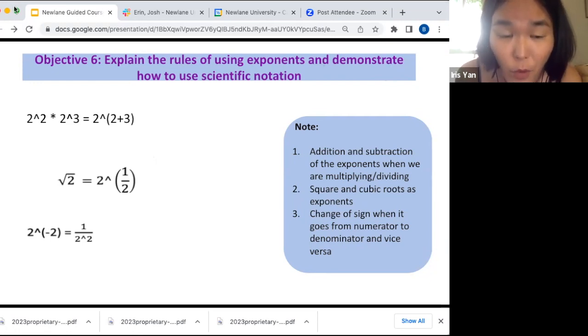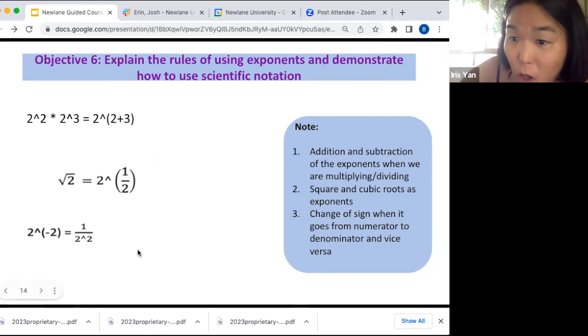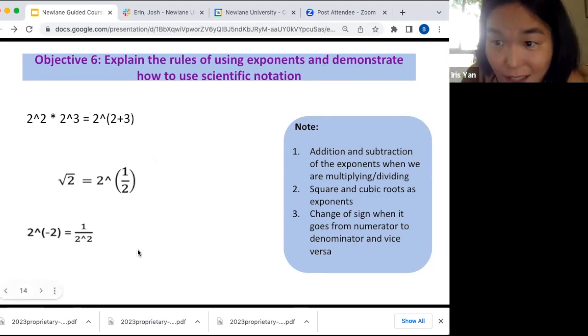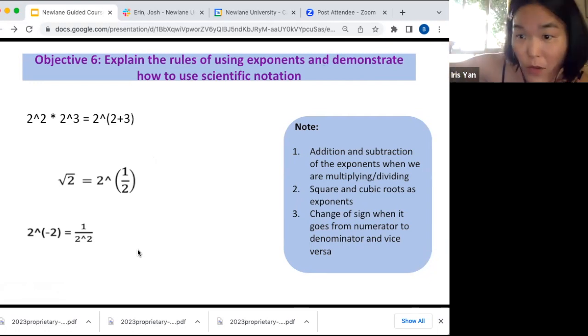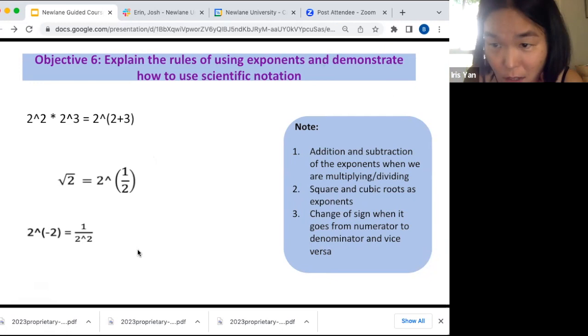And then the third rule is that when the numerator goes to the denominator, the exponent changes sign. Or when the denominator goes to the numerator, the exponent also changes sign. So what does 2 to the power of -2 mean?